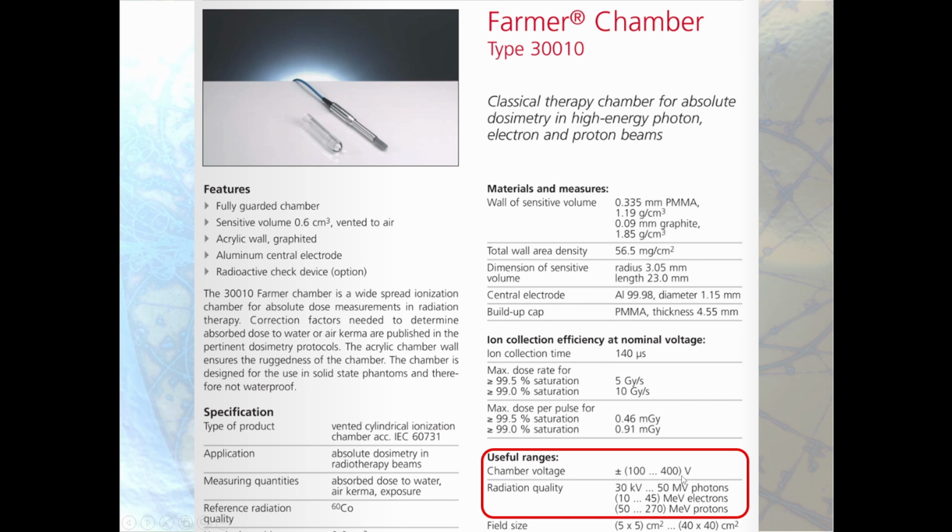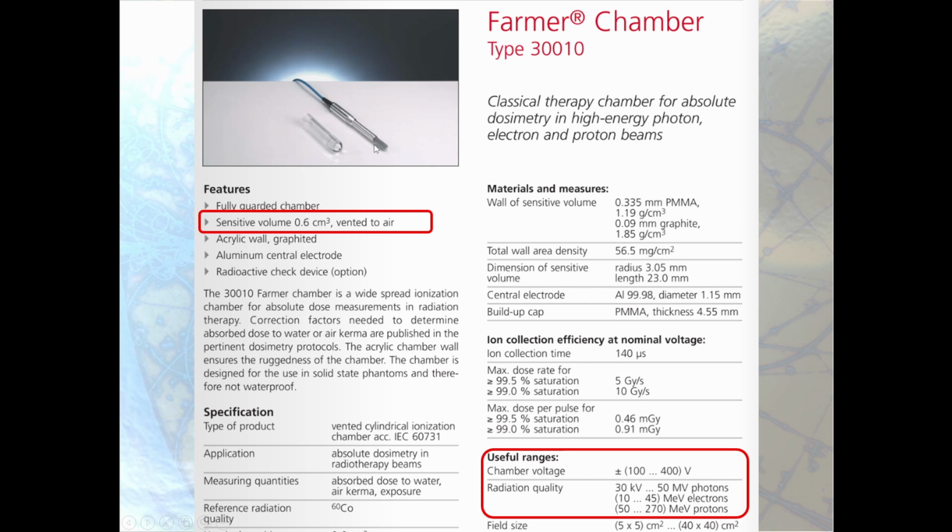To make it work, you need to apply an external voltage, a few hundred volts. This detector can be used to detect photons, electrons or protons from some MeV up to hundreds of MeV kinetic energy.